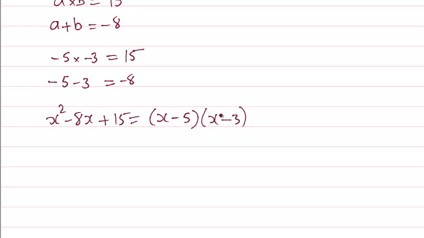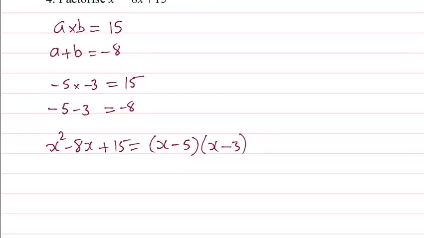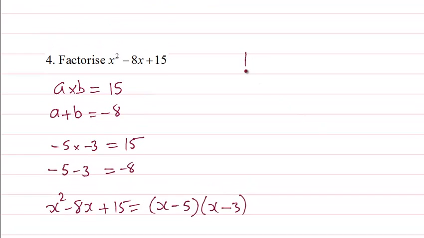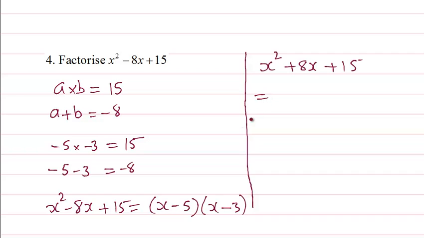So you can always expand the bracket to check you got the right answer. So we do another example, a little one. Suppose this sign was positive, so x squared plus 8x plus 15. The only difference here is now factors of 15 which add up to 8 are the positive ones.